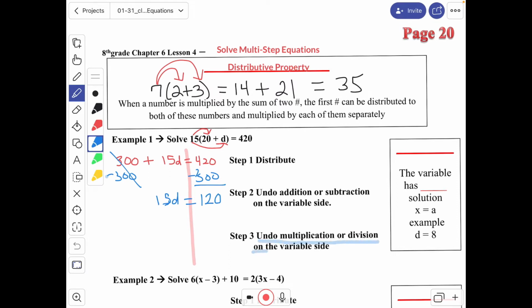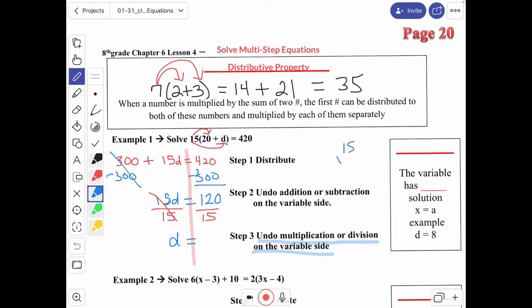Next, we're going to undo the multiplication or division. So we have 15 times d. The opposite would be to divide by 15. The 15s cancel. D is all by itself now, equal sign straight down. And 15 times what gets me 120?